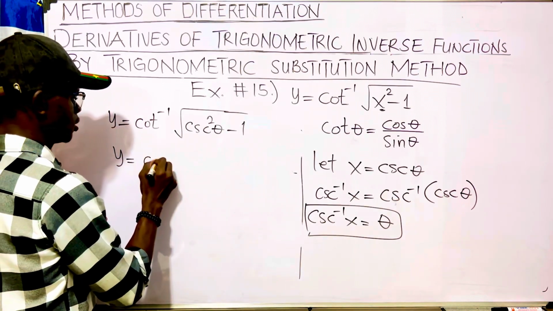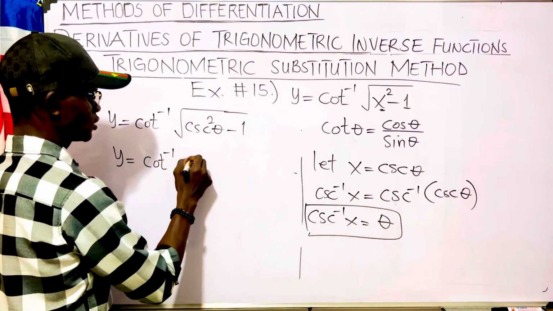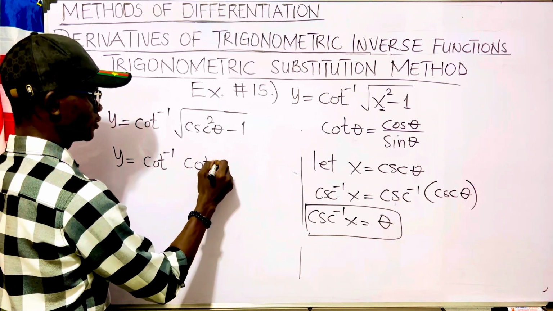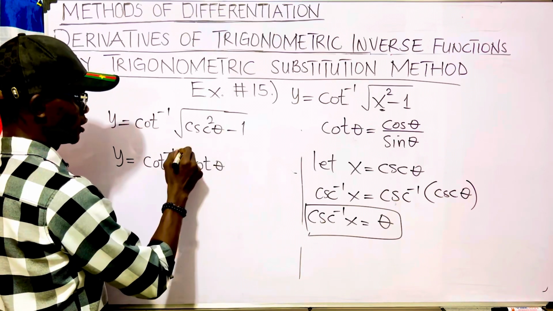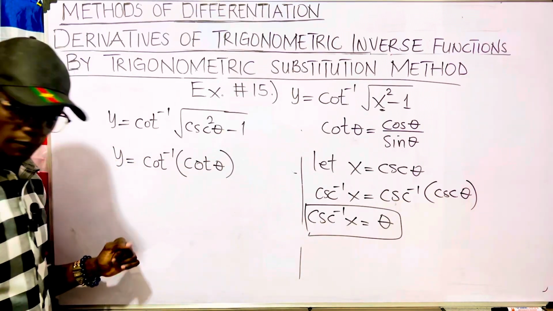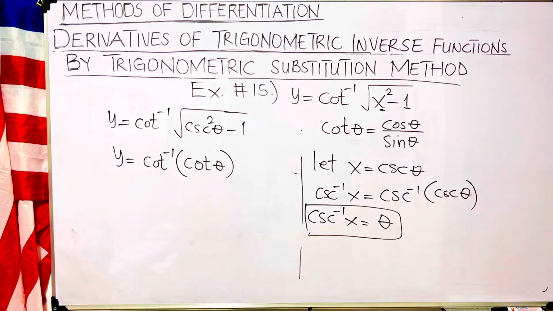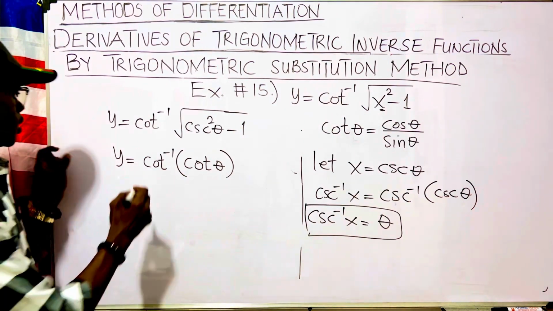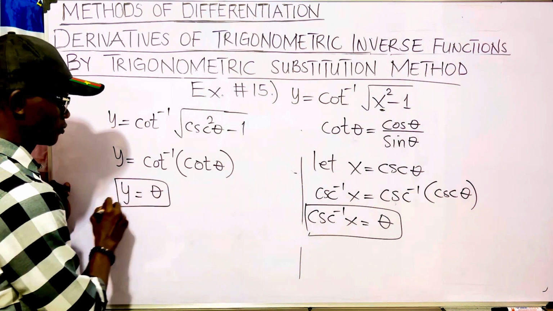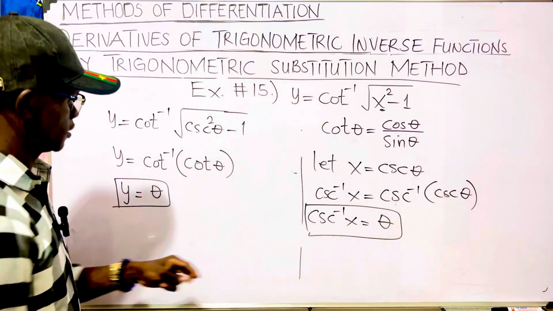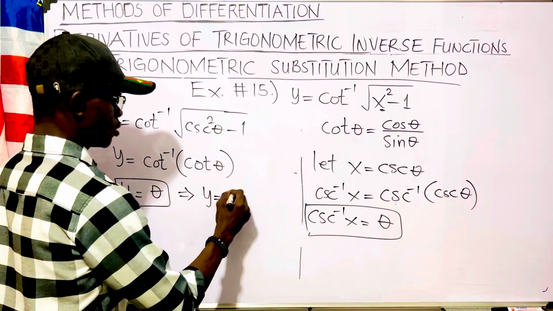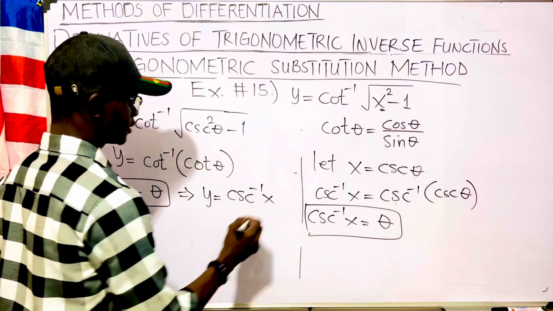We know that this whole thing is just cot of theta. So y now equals just theta. What is theta? Theta was cosecant inverse of x.